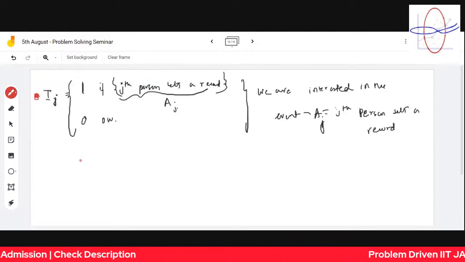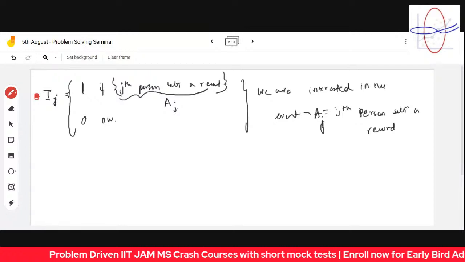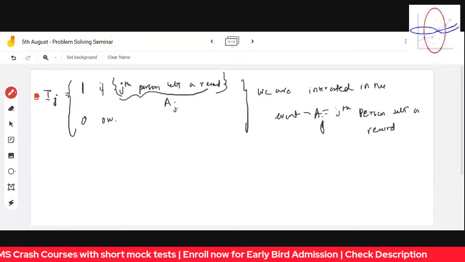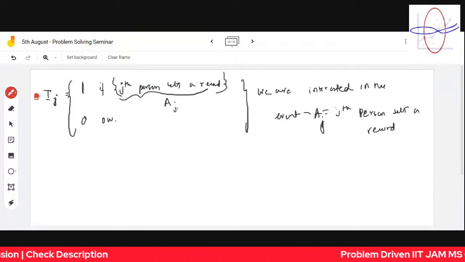Now what we are interested in, understand this very carefully. So do you see this aspect? This is where the symmetry principle comes up due to the IID aspect.